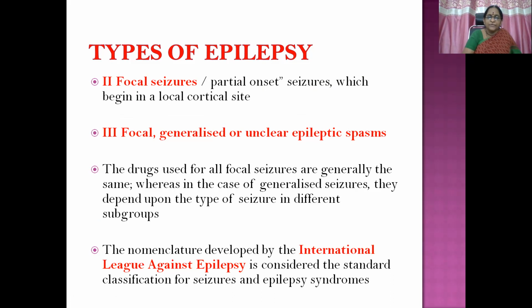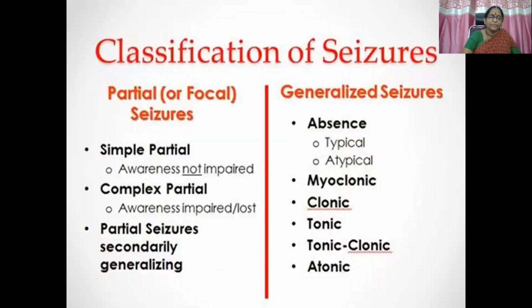The drugs used for all focal seizures are generally the same, whereas in the case of generalized seizures, they depend upon the type of seizure in different subgroups. The nomenclature was developed by the International League Against Epilepsy, a group of countries together, who have standardized the types of epilepsy and the classification for seizures and epileptic syndromes. That is the International League Against Epilepsy.